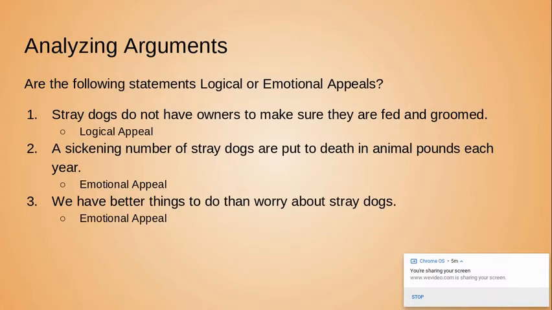You can't prove that there are better things to worry about because that's an opinion. For some people, stray dogs are the most important thing in their world. And so you're trying to create an emotion here that's opinion. And so that is not logical. Therefore, it is an emotional appeal.